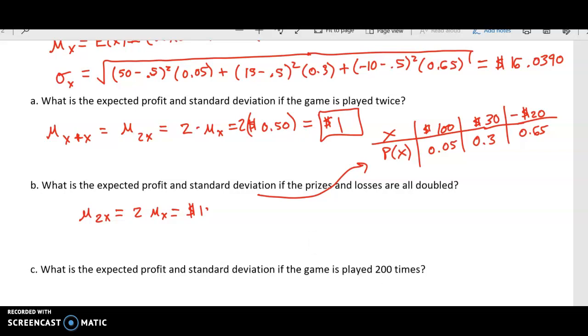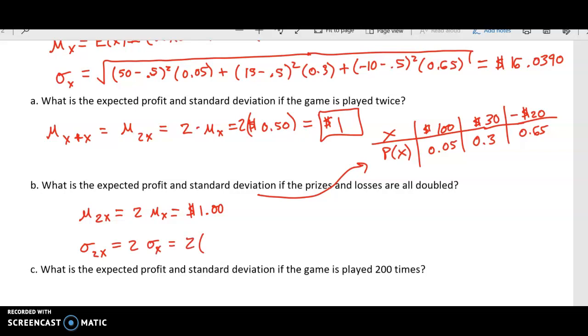So it's $1. In my notes, it looked like 100 bucks. Okay. What about the standard deviation? Well, it's going to be 2 times the original standard deviation.